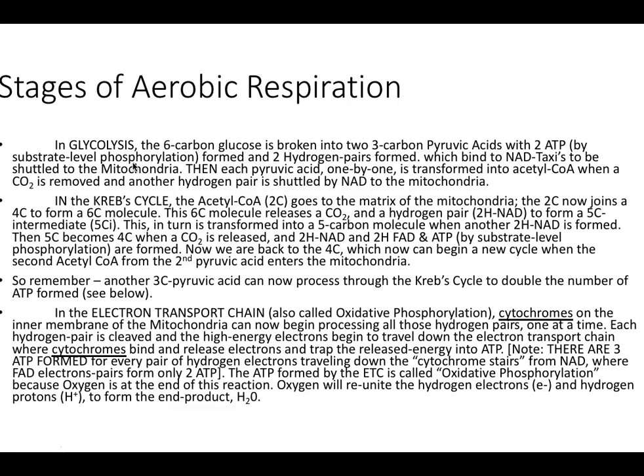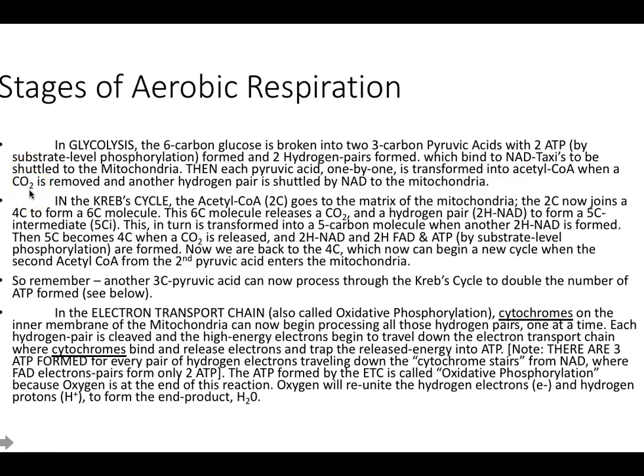Because you're breaking the bond of a molecule, not an electron, but in a molecule, that's called substrate level phosphorylation.